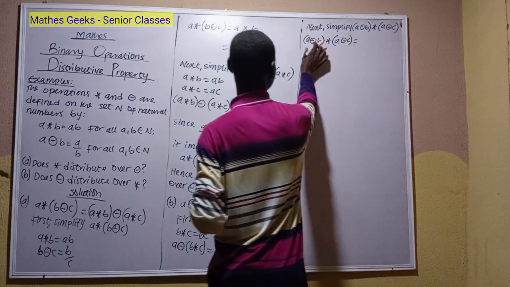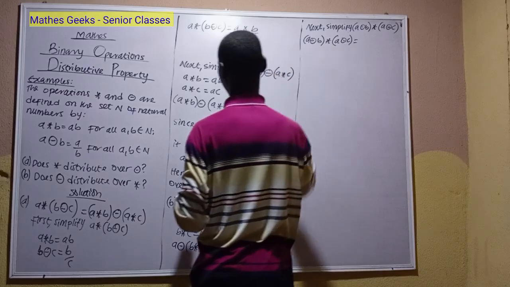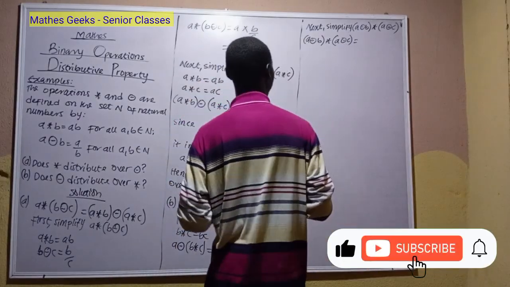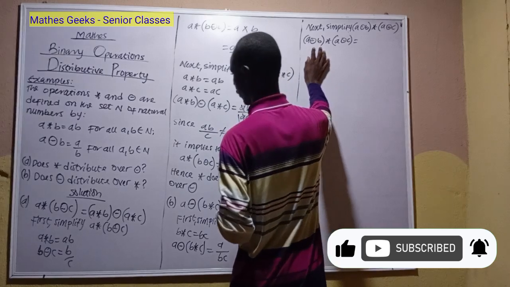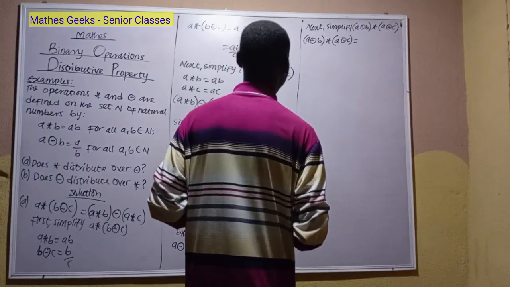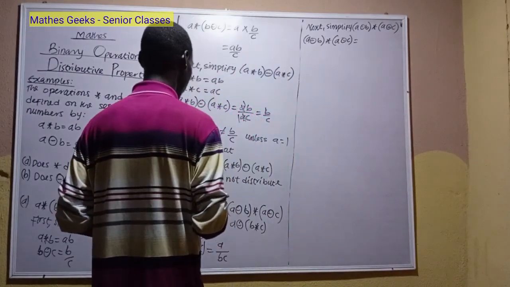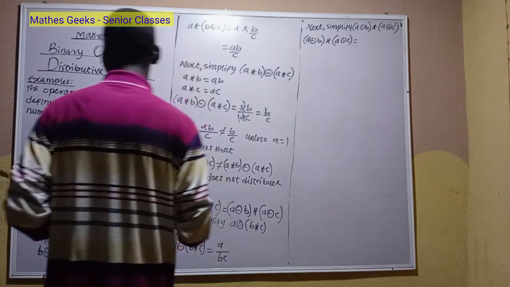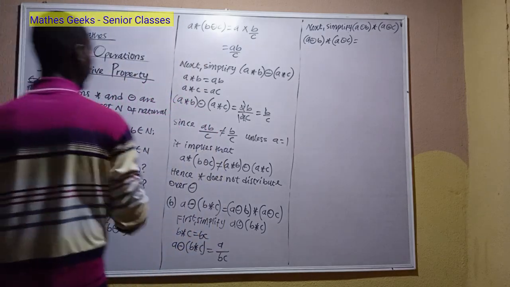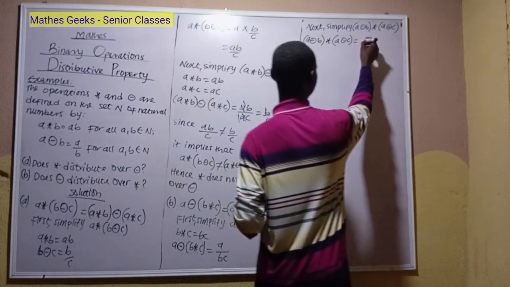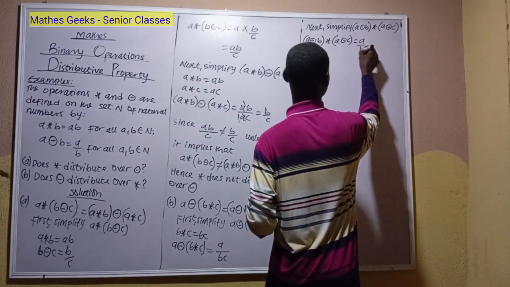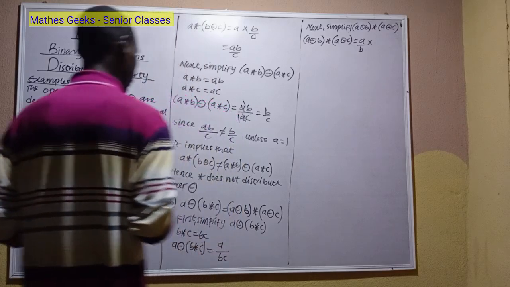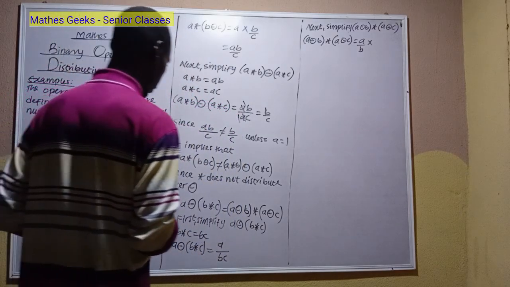Equal to, where this is A and this is B in this binary combination. So A operation B is A over B, times A operation C. What would be A operation C?